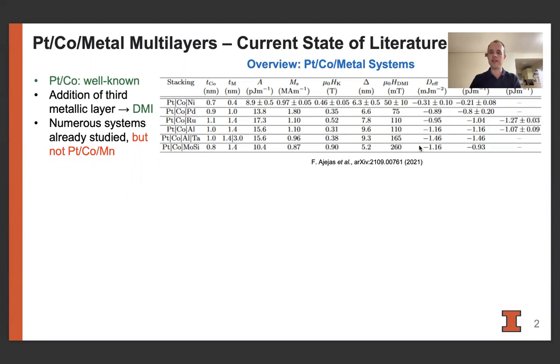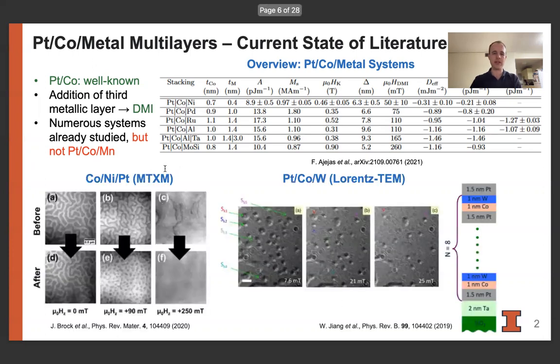As you can see, there is a DMI in each of those cases. These are numerous systems, and there are many more in other papers that have already been studied, but nobody has taken a look at platinum, cobalt, manganese yet. We thought that manganese would be a natural addition to this already existing set of platinum cobalt metal multilayers.